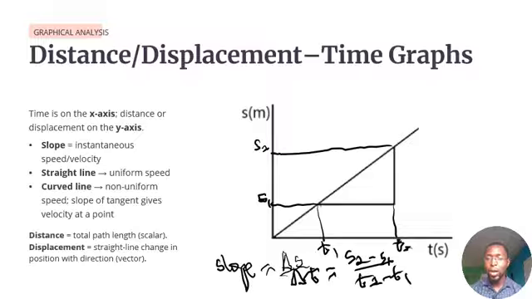So S2 minus S1 over T2 minus T1 means change in distance over change in time. And that is the formula for speed. Remember that speed is change in distance over change in time. So the slope of a distance time graph gives us speed.